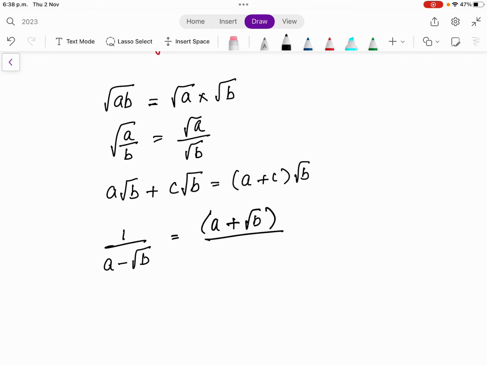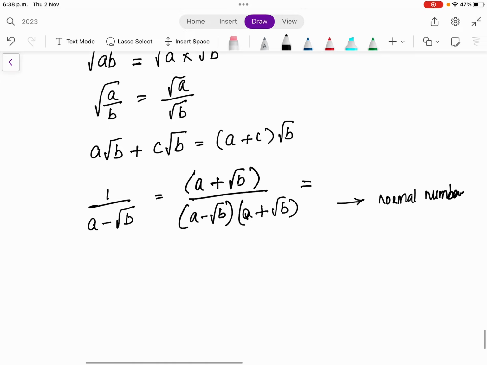I multiply the numerator and the denominator by a plus root b, which will make the denominator a normal number. Okay, because when you simplify that, you will be able to see that. I'll show you an example later on.